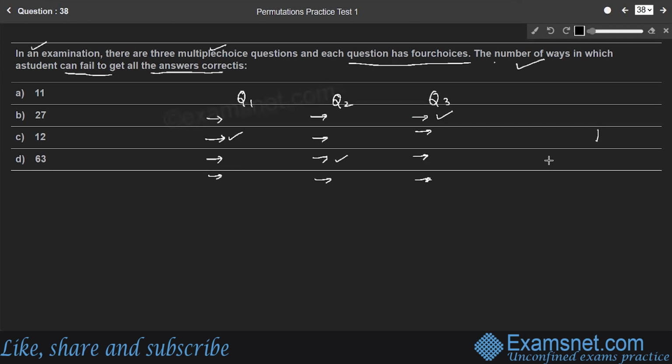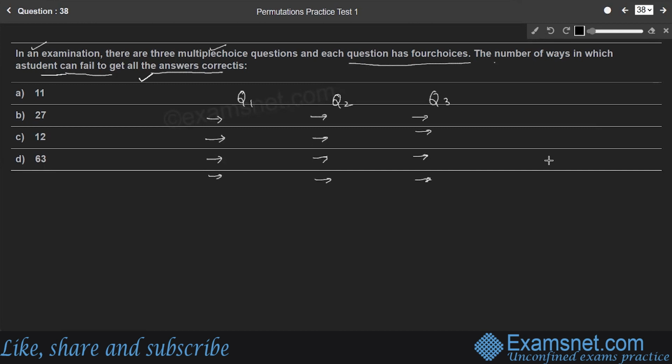The number of ways of answering these questions are many. So we'll consider the number of ways of answering the questions minus the number of ways of getting the correct answer, which is only one. So minus 1 gives the number of ways of getting wrong answers.